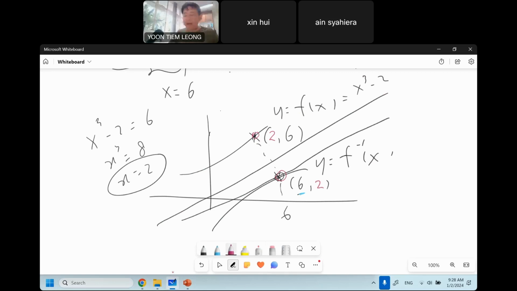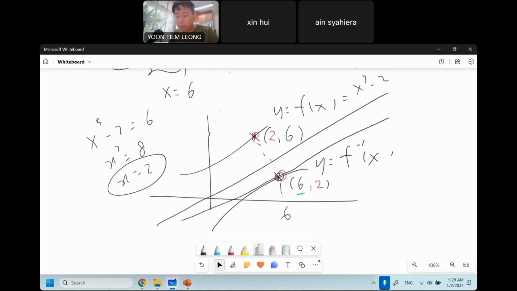Okay, so the first step is you work out what is the coordinate on the inverse of the function when x is equal to 6. So you know that this is a point that sits on the curve of the inverse of the function, and its coordinate is 6.